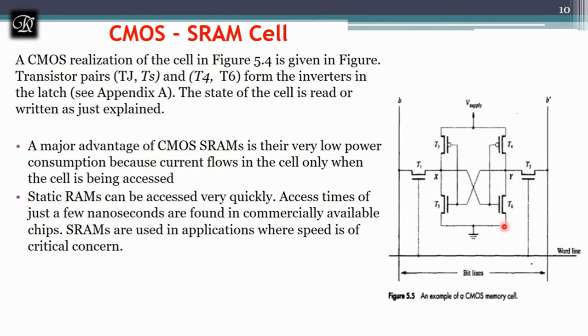The job of these 6 transistors is to make up a CMOS SRAM cell, which has the advantage that it consumes less power compared to the SRAM we discussed with the help of a latch.